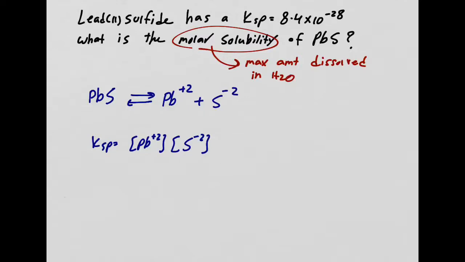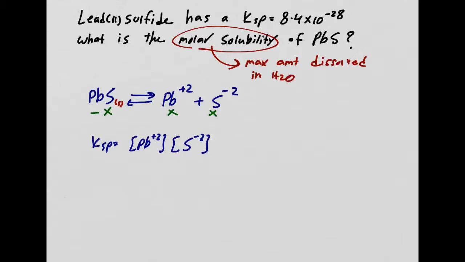Do this every time. Now, do you remember in any Ksp, we usually go minus x, x and x? Yeah? This is exactly the same thing. Again, PbS, because it's a solid, will not be part of this equation.